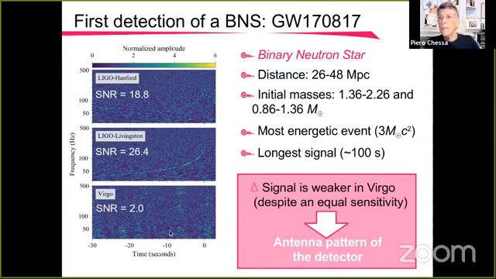The differences are not due to the sensitivity of the detectors. They are due to the geometry of the emissions, to the fact that the detectors are placed on the Earth in different positions and with different orientations. And that gives us information on the position of the source.